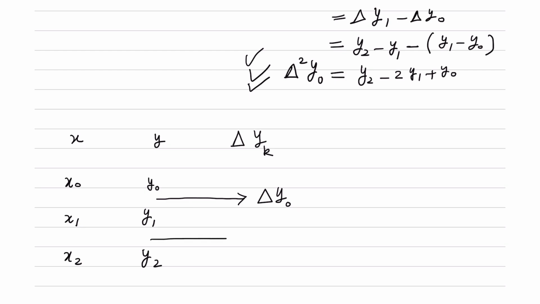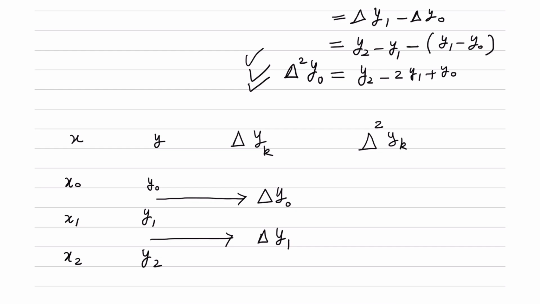The next difference you calculated as y2 minus y1, and you named it forward y1. Now you construct the next column, which is going to be named forward square yk. Every value in this fourth column will have the notation forward square. That's why the name is forward square.